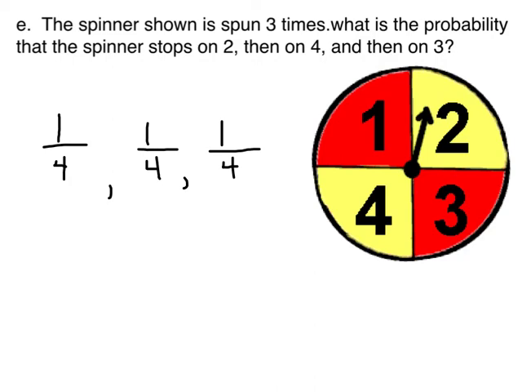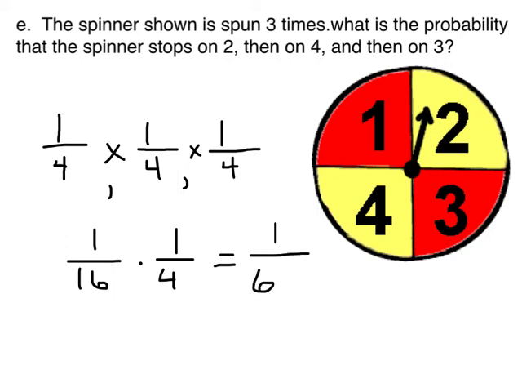So what is the probability? Well, if we've spun it 3 times, we have a 1 in 4 times the 1 in 4 times a 1 in 4. Okay? So we have a 4 times 4 is 16, times 4 is 64. We have a 1 in 64 chance that this will happen this exact way on this spinner.